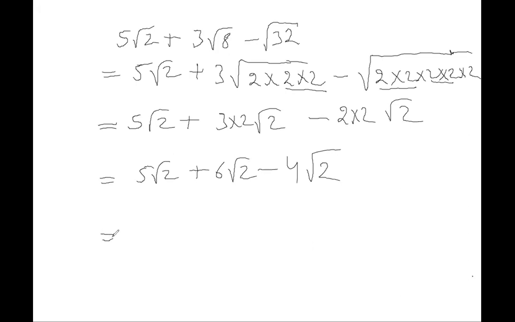Root 2 is taken common, and inside we are left with 5 plus 6 minus 4. Hence 5 plus 6 is 11, 11 minus 4 is 7. 7 root 2. I hope you understood.